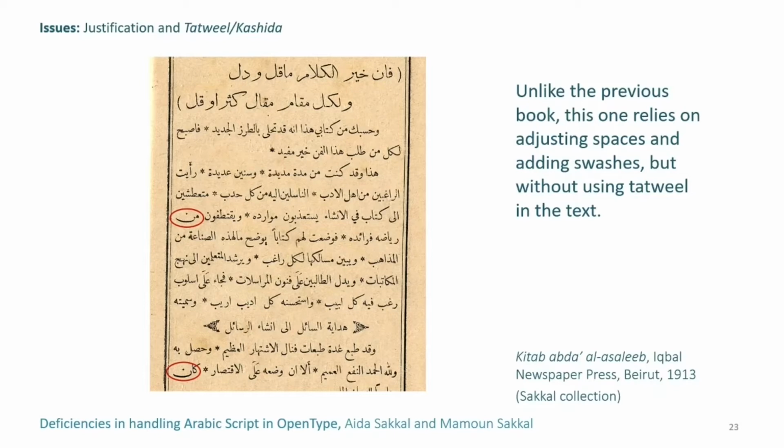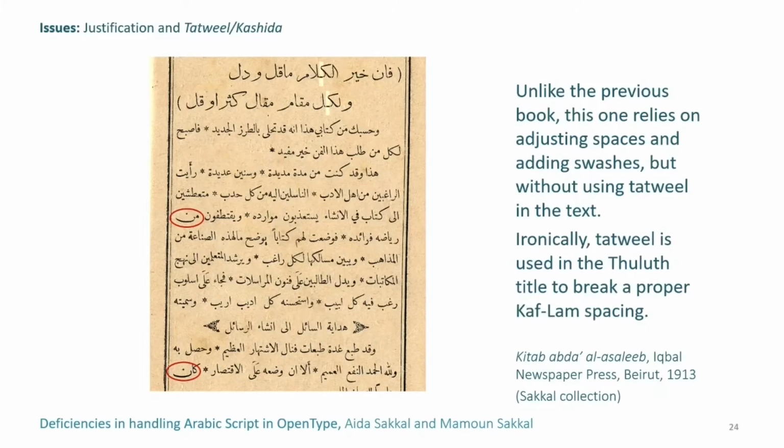Ironically, he used the kashidas only in the thuluth style title on the top in order to break or to add more space between the kaf and the following lam, although in this case he broke a proper form because usually kaf should be closer to lam.